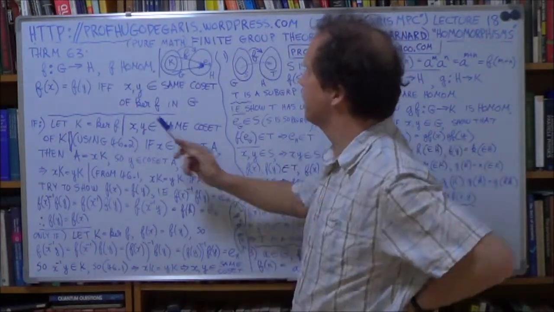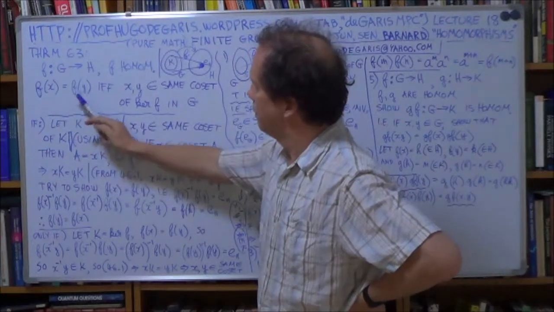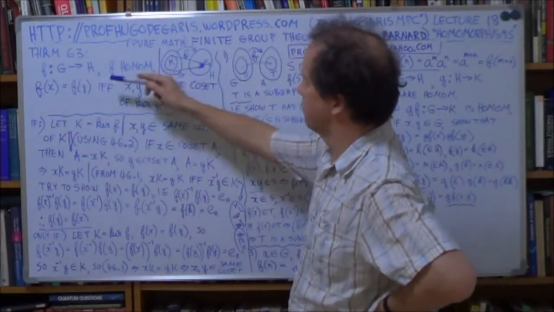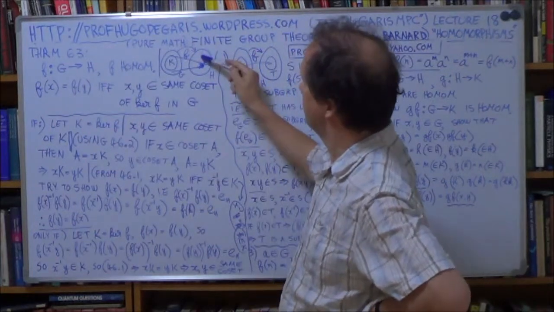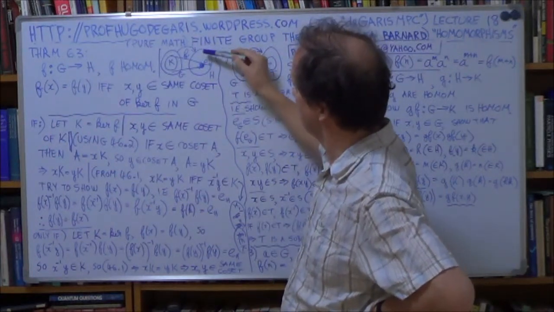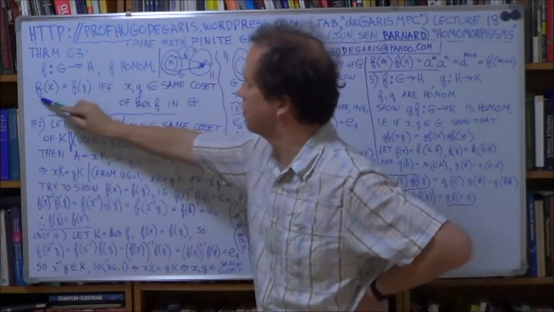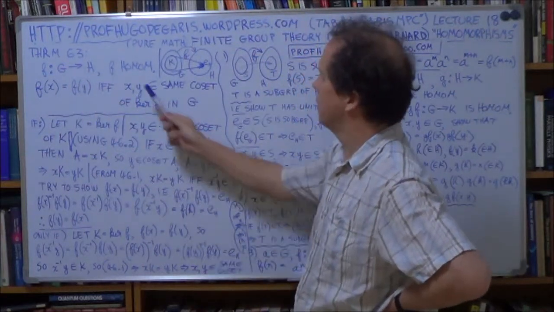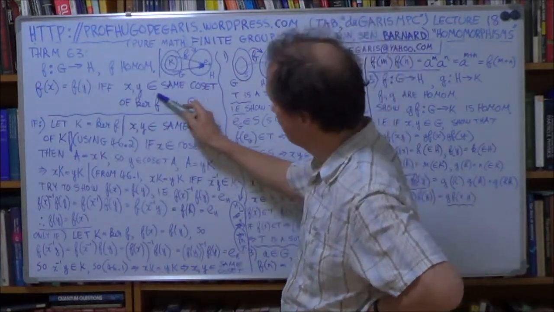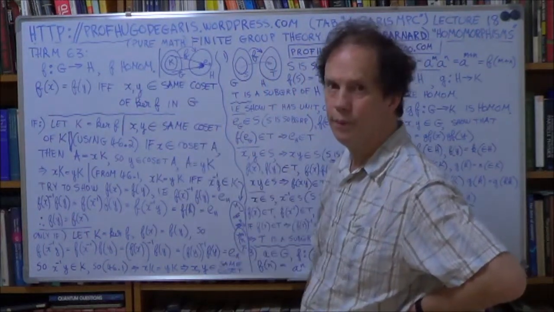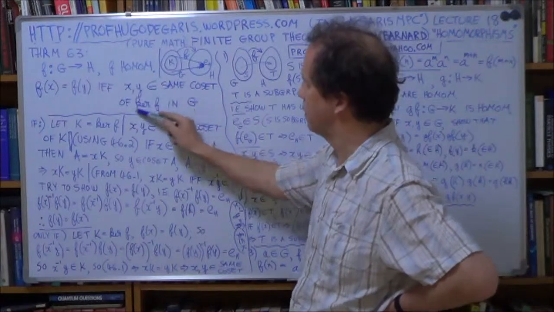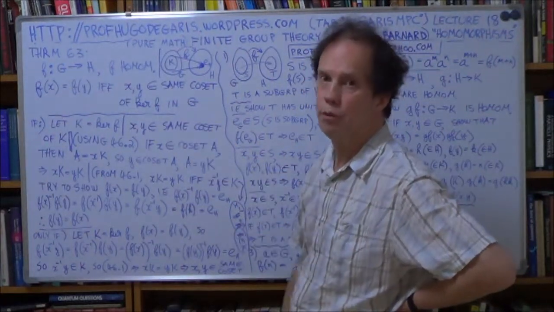All right. So x and y are just members of G, and if they map to the same point in H, then x and y belong to the same coset of ker f, in other words, this normal subgroup.